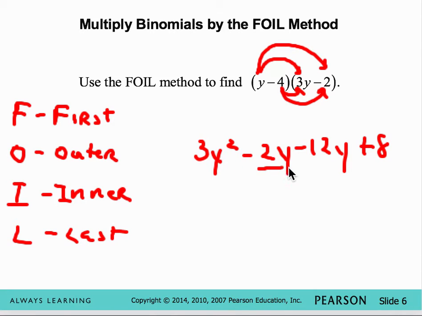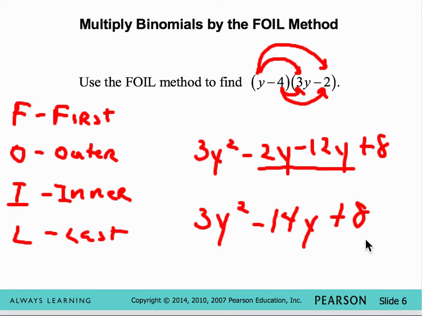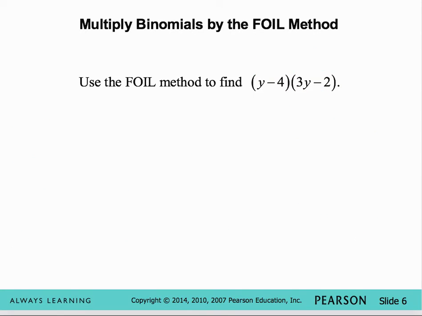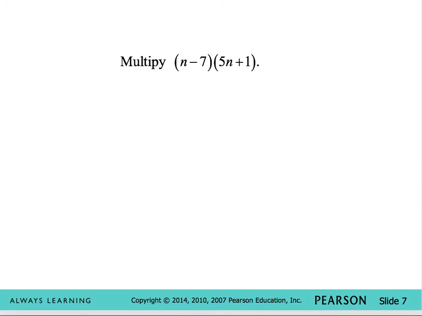Now don't forget, we have to combine like terms before we are finished. So really this is negative 14y plus 8. Okay, so I'm multiplying two binomials, so I could think about FOIL, but I don't need to.